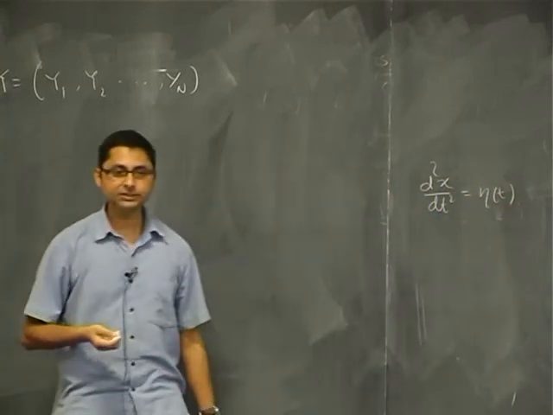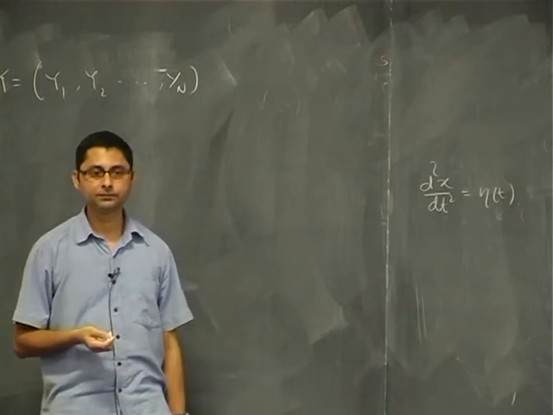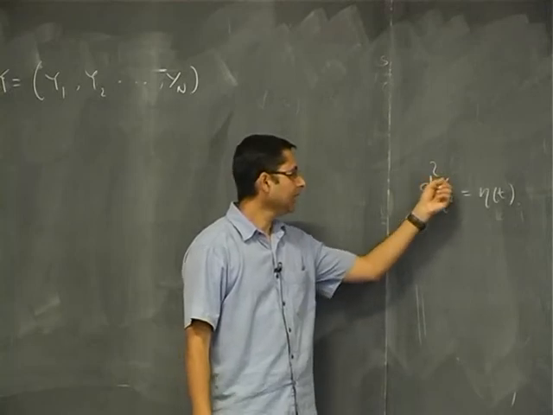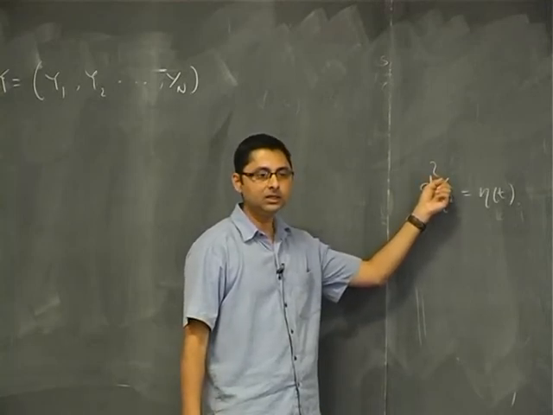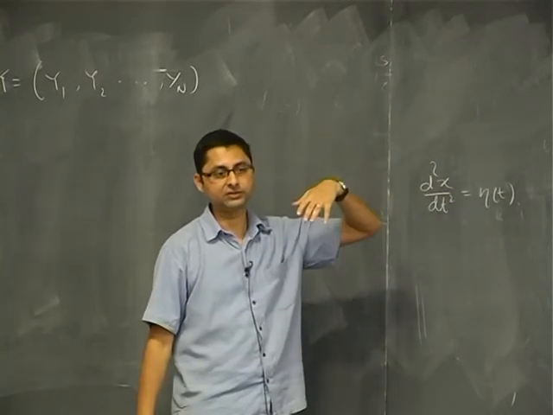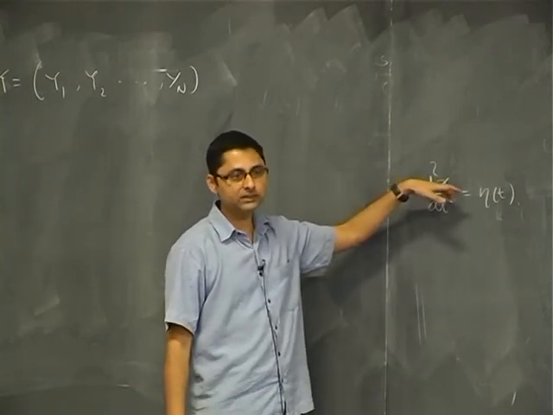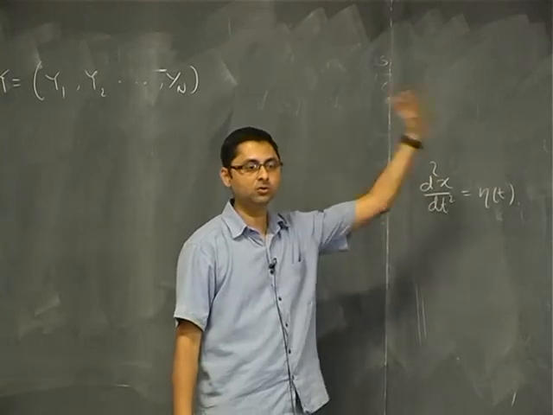Is it a Markov process? It is not, because x at time t depends on 2 previous time steps. So it is a non-Markovian process, but it can still be made Markov if you go to one higher dimension.